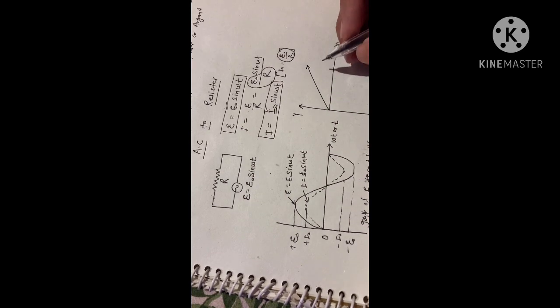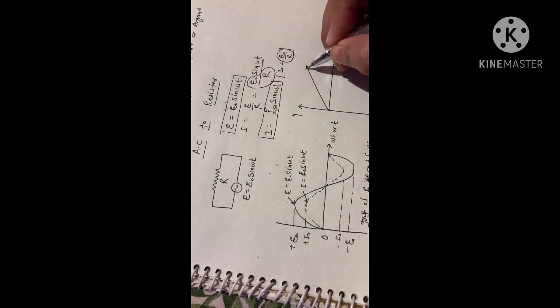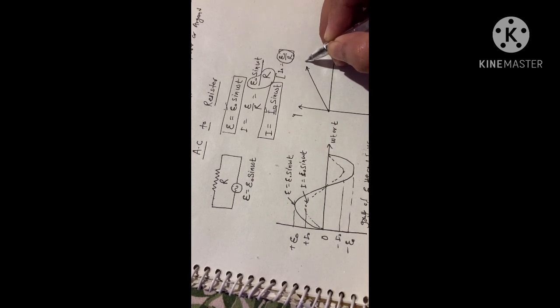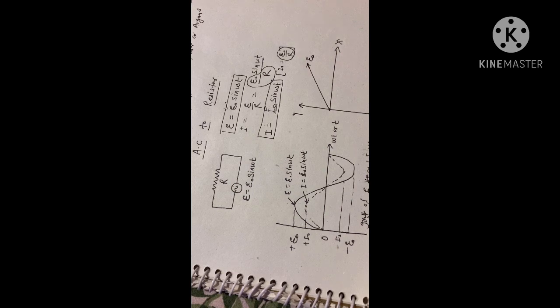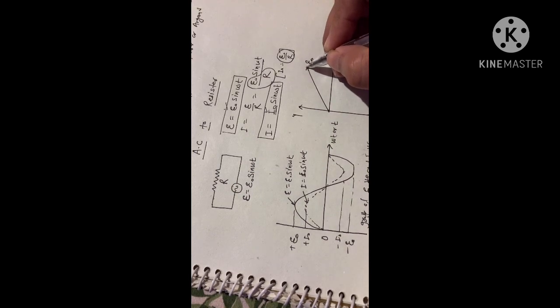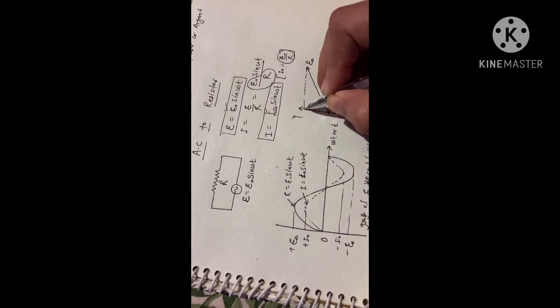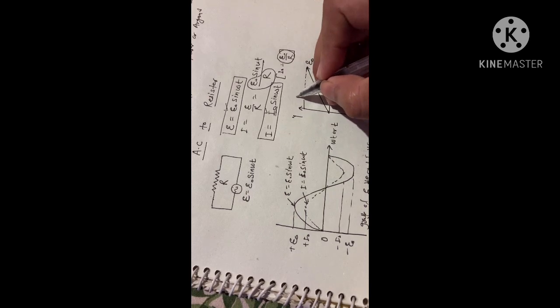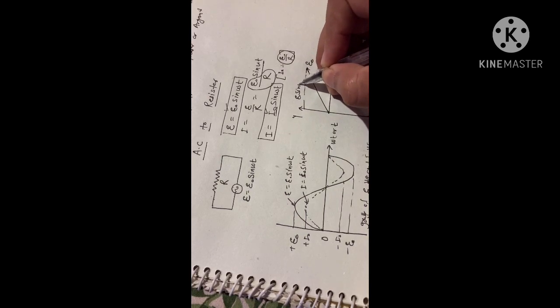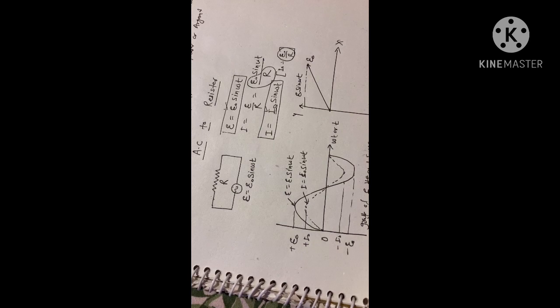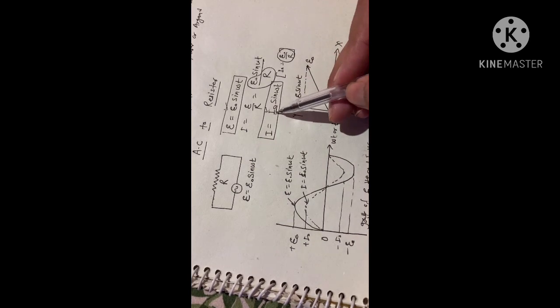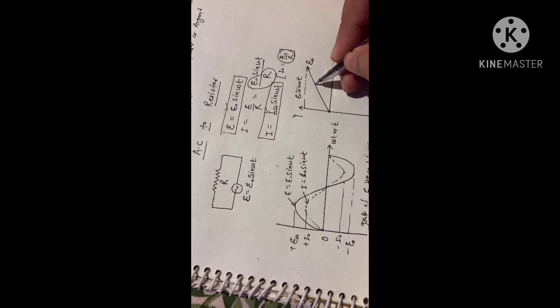So this is your EMF, and the length from tail to head is the magnitude of EMF. This gives you E0 sin omega t.